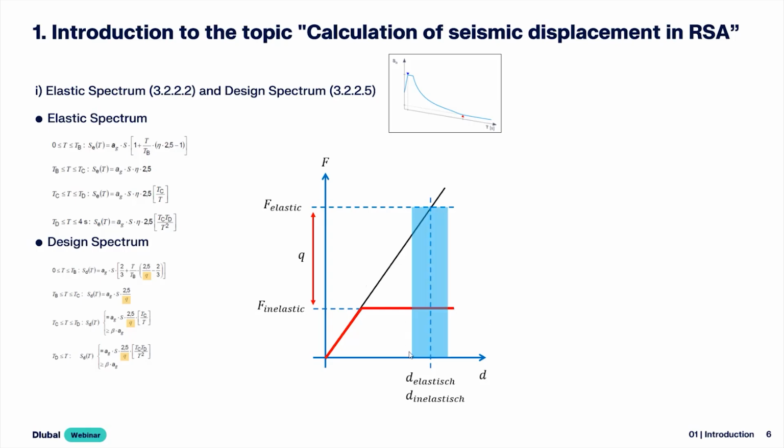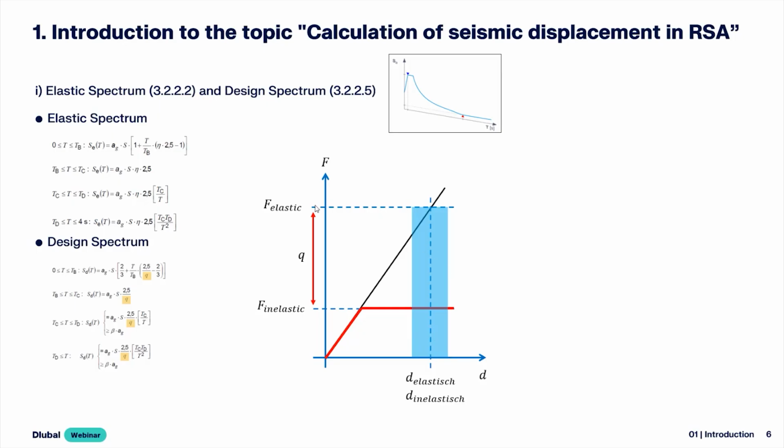So in the displacement, the assumption or the base of the RSA is that for both linear and nonlinear displacement, or linear and real displacement, they are almost the same. So this area represented with this blue area is almost the same.